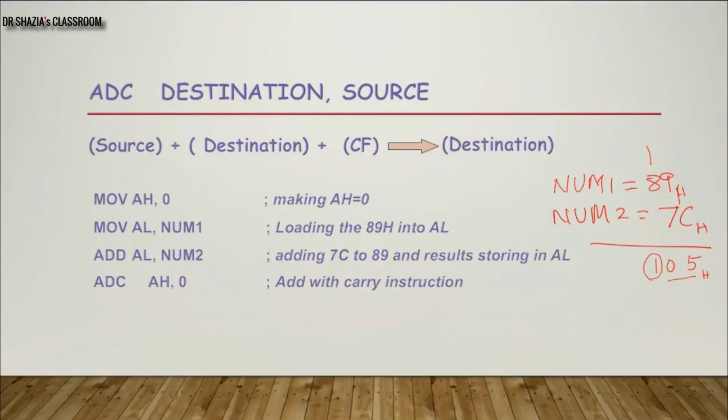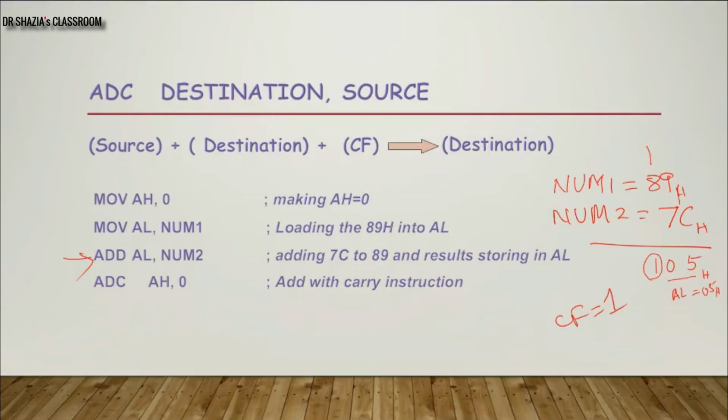When we performed ADD AL, num2, the content of the AL register will be 05H. As it has generated an end carry, the carry flag will be set to 1. Next, I am writing ADC AH, 0.